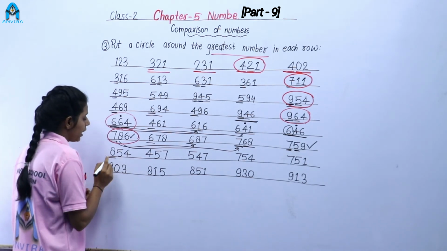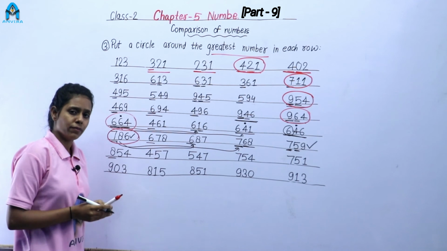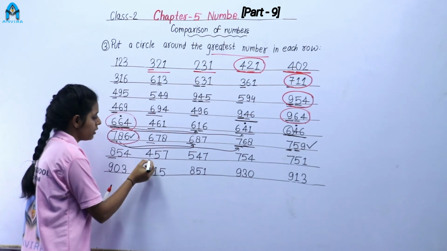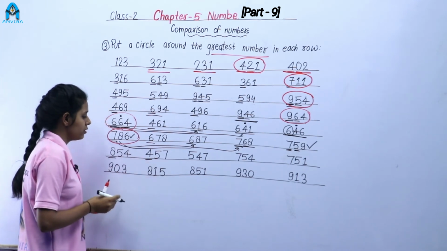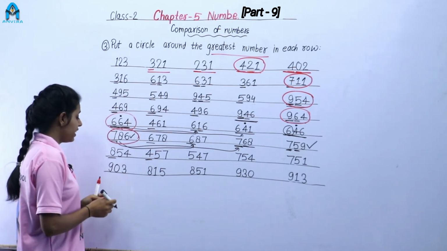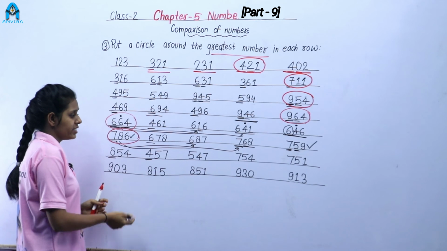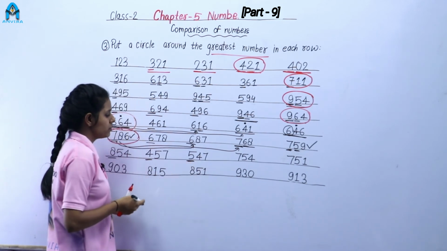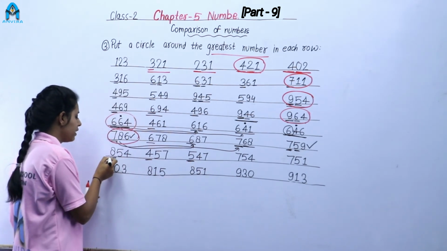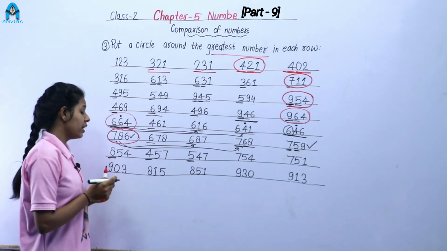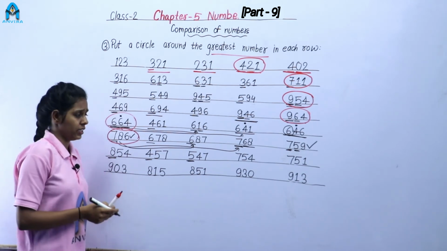This is 854. Let's compare. 400, which is greatest? Yes, 800 is greatest. Next is 500 and 800. In this, 800 is greatest.